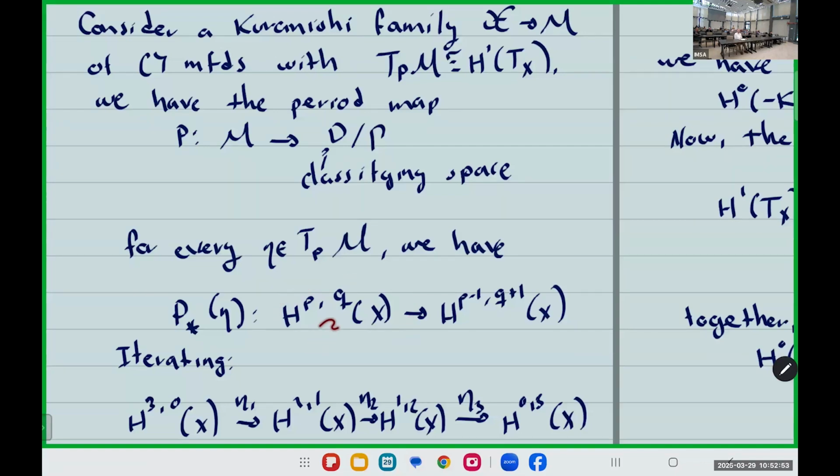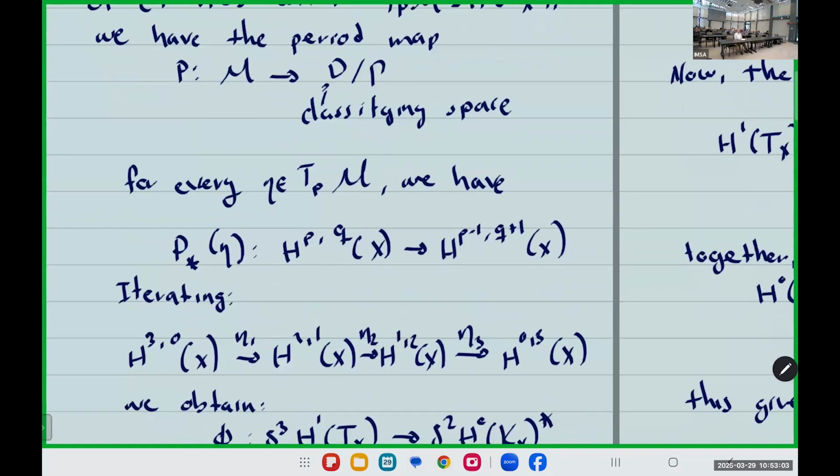That is telling you that when you have a group like this, it will decrease by 1 in the first coordinate and it will increase by 1 in the second coordinate. So we are interested in this Calabi-Yau threefold. We will start with H^{3,0}, the global sections of K_X.